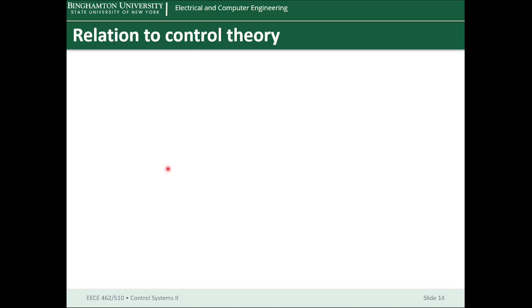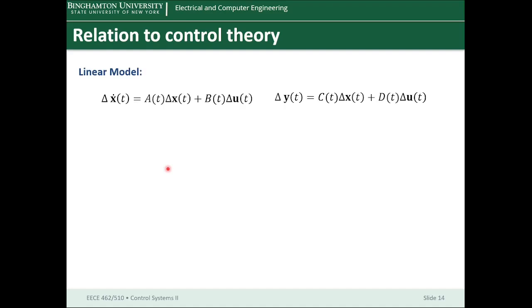Let's pause here and put down a waypoint so we don't lose track of the big picture, the connection between linear algebra and linear control. Remember, when we linearize our nonlinear system in a state space equation, we arrive at a linear system of the form delta x dot equals A delta x plus B delta u, together with a linear equation for the output.